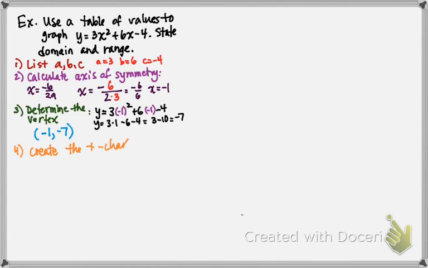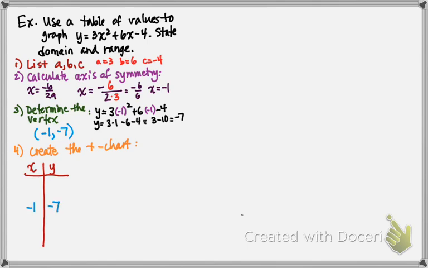And here's where you can see the magic happen. So I'm going to pick my x's and my y's. In the center, I'm going to put that negative 1, negative 7.